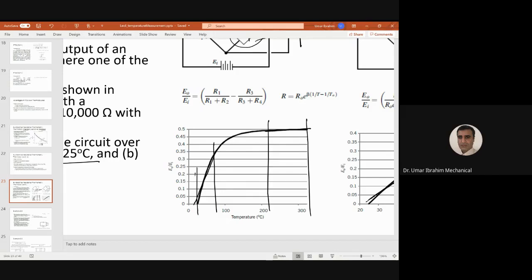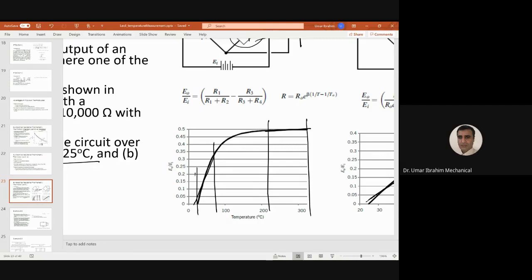So yes, your answer is correct. We can linearize these two portions, but since we studied in the previous slide, you usually try not to use the thermistor beyond 200 degrees C unless the manufacturer specifically mentions that you can. Okay? That is one concern of mine.